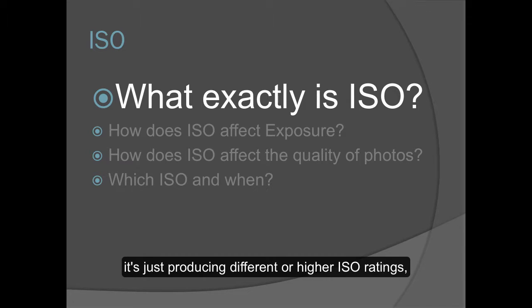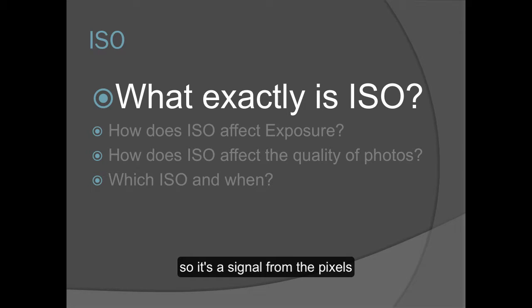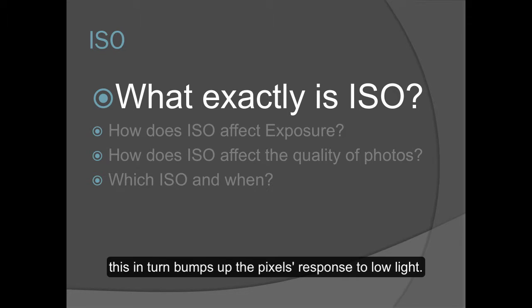Higher ISO ratings give a signal to amplify pixels. That amplification allows the pixels to see better under low light, adding electronic gain to the signal, and this in turn bumps up the pixel's response to low light.